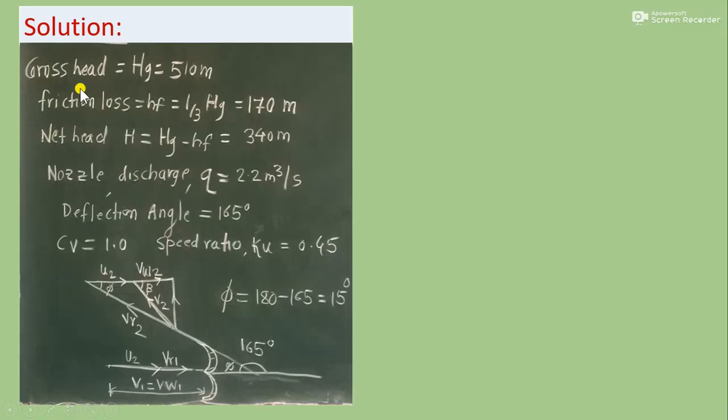Now here gross head is 510. Friction loss hf is 1/3 of it, so you calculate friction loss hf, and net head, that is the difference between gross head and friction loss in meter. Nozzle discharge is given in meter cube per second. Phi we get 15 as discussed in last slide.